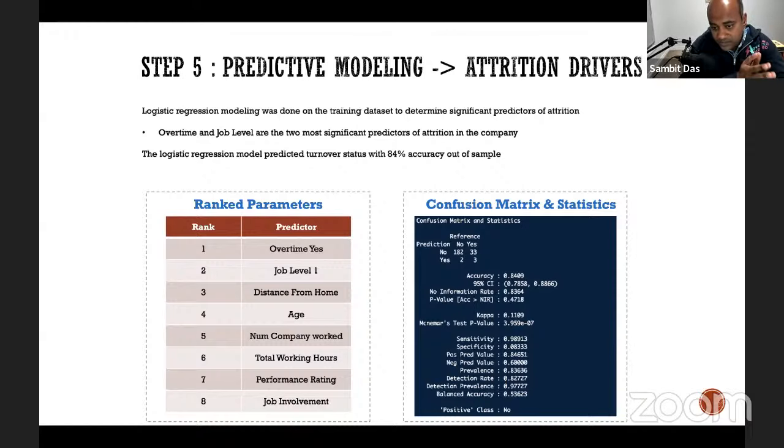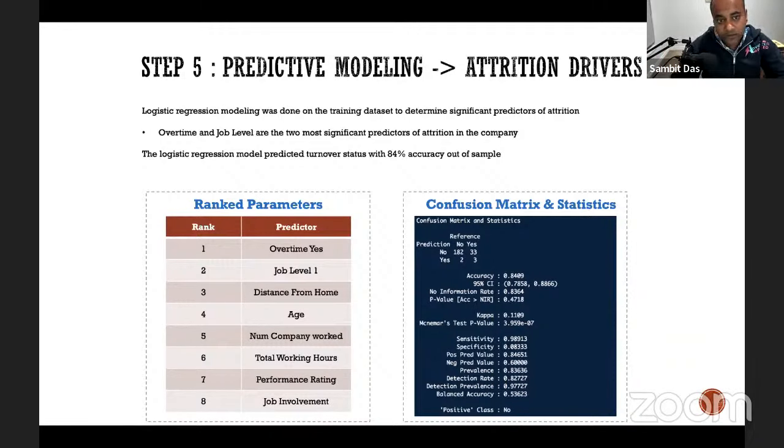Once the model is trained, we apply it on the test data set and ask it to predict the status of each employee, whether this person is likely to leave or likely to stay. The test data set also has the actual status of the employees, so we match the predictions with the actual results and find out the accuracy.